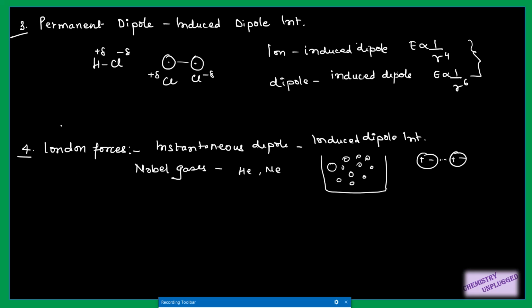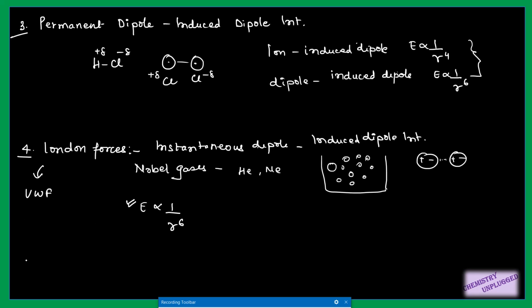So this type of force is called London forces, and they are very weak in nature. The energy of interaction is inversely proportional to r to the power 6, right? On the basis of this energy and its relationship with r, you can decide the energy order. And these London forces are also called van der Waals forces.